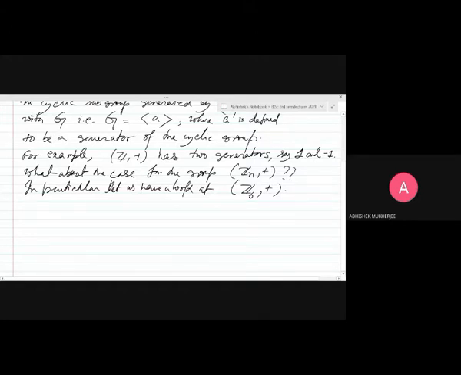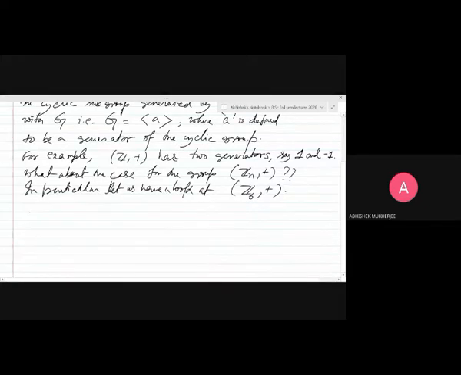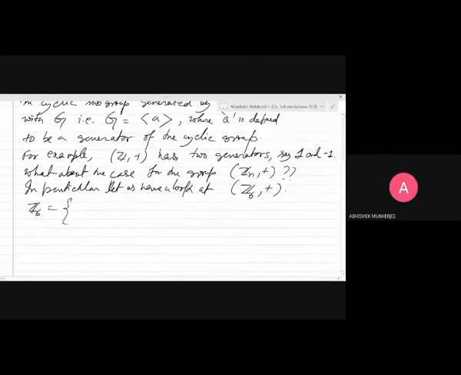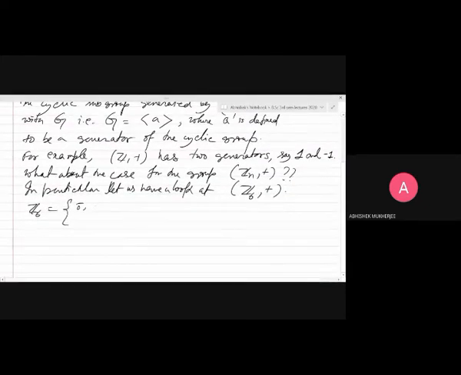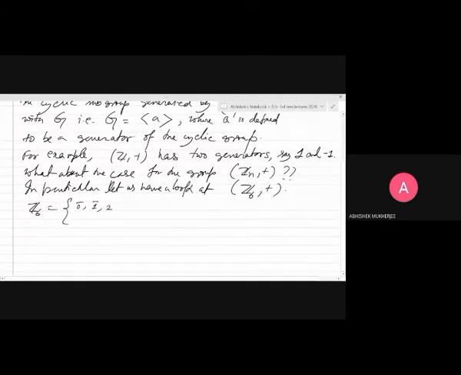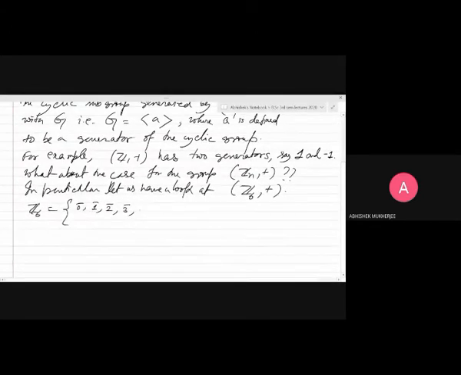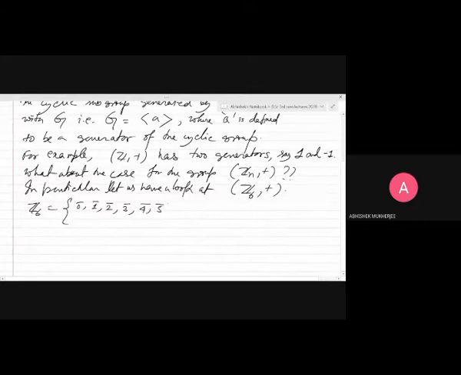So the elements of Z6 are 0 class, 1 class, 2 class, 3 class, 4 class, and 5 class.